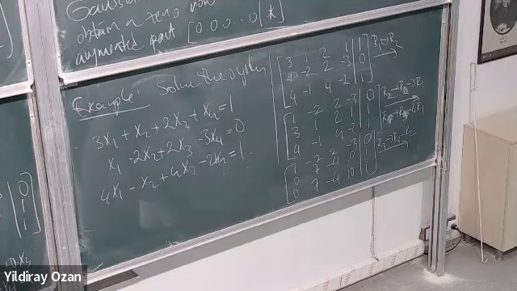How can we solve this? Well, you see that this doesn't have a unique solution. Actually, it has infinitely many solutions, right? You see, for any values I can assign to x3 and x4, I can find x1 and I can also find x2.